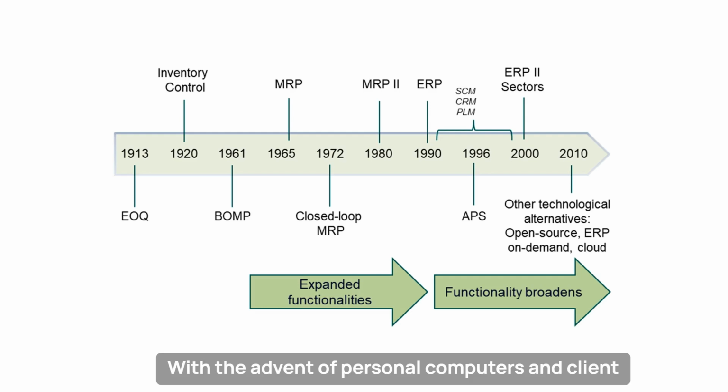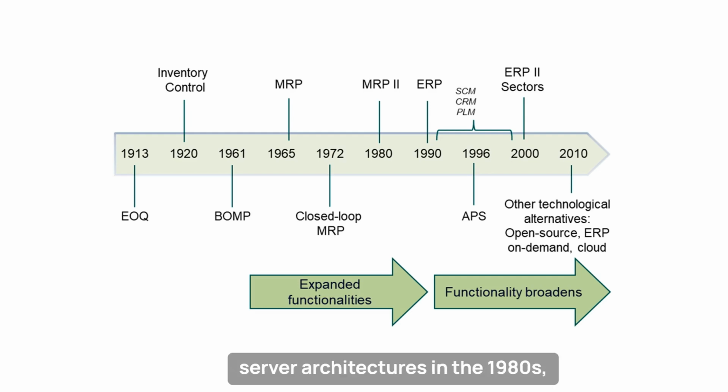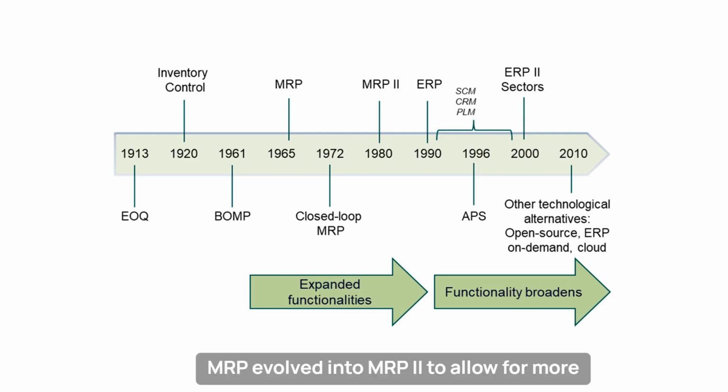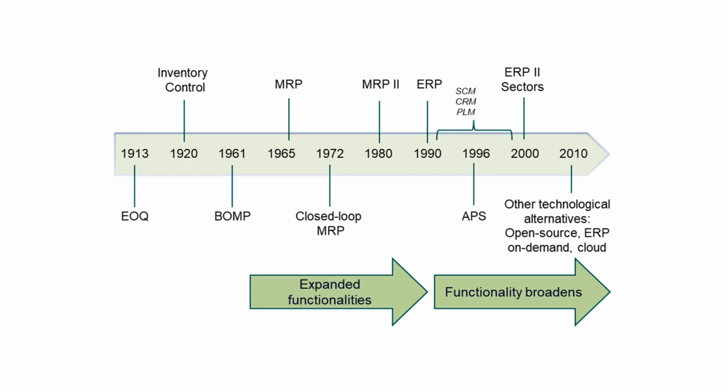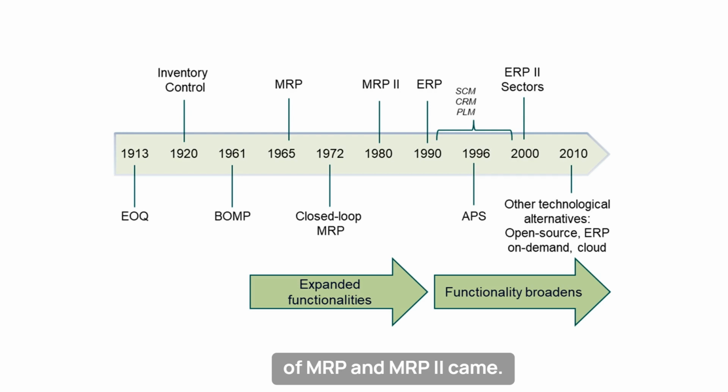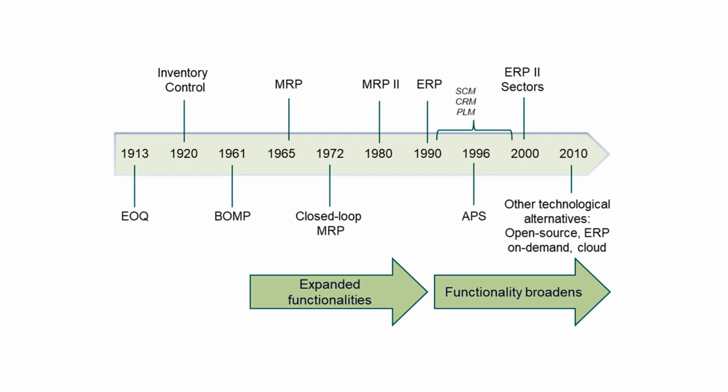With the advent of personal computers and client-server architectures in the 1980s, MRP evolved into MRP2 to allow for more customization and scalability options. Then, in the 1990s, a more advanced and extended version of MRP and MRP2 came. This was termed ERP.